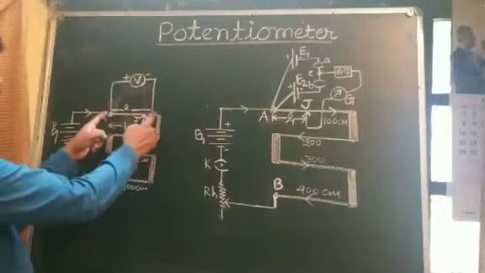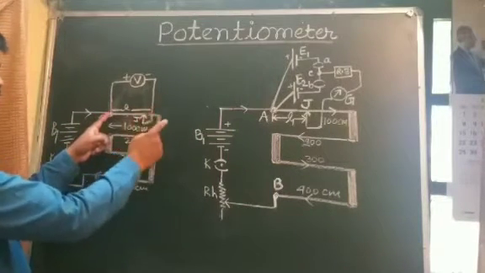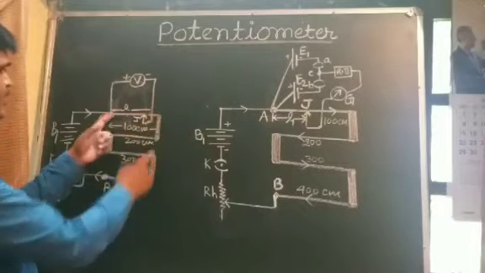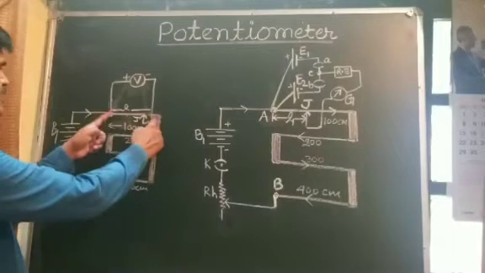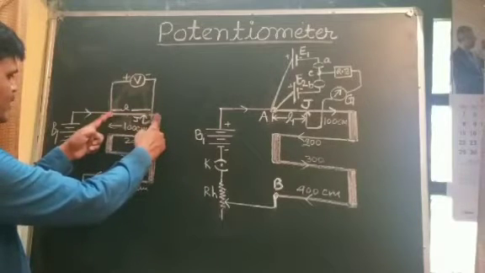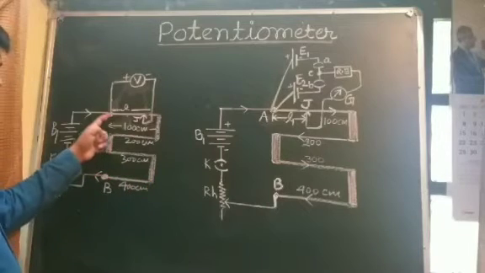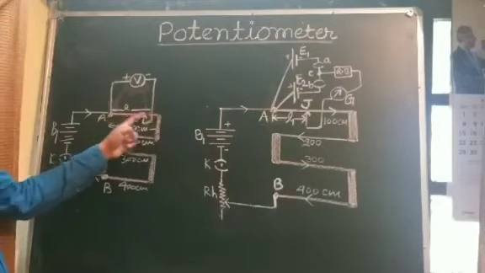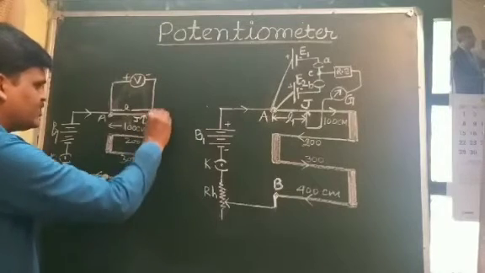usually 1 meter long separate pieces of the wire are fixed on a wooden board parallel to each other, and these separate pieces of wire are joined in series with a thick copper strip.